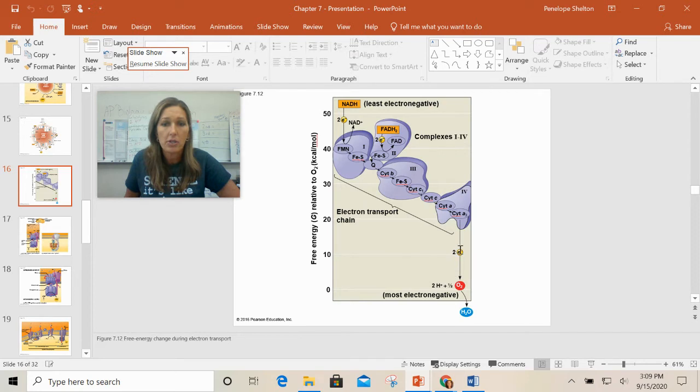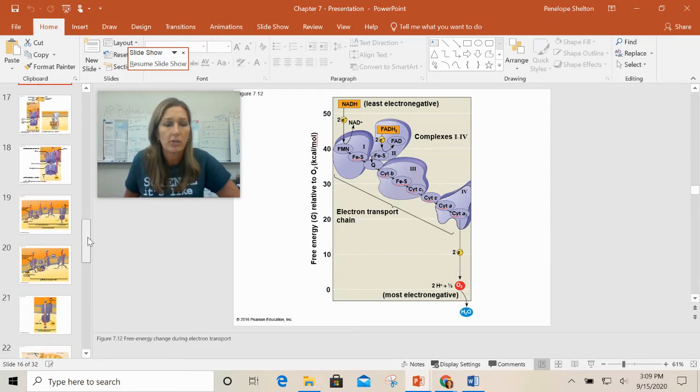And when oxygen binds with these electrons, when oxygen gets reduced, it is converted into water. So this is where my product of water is established. This is also where my reactant of oxygen technically has to be used in the chemical process, as the final electron acceptor of the electron transport chain.